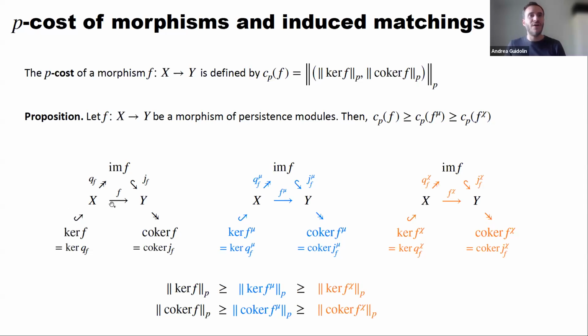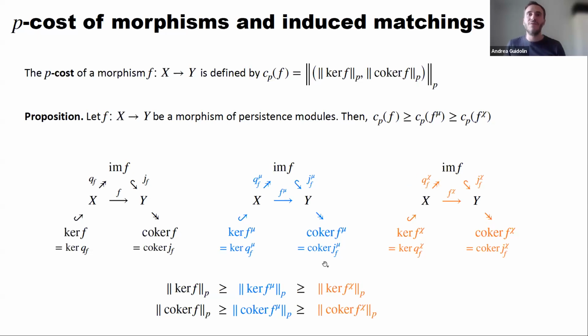The kernel of F is the same as the kernel of this epimorphism. The co-kernel is the same as the co-kernel of this inclusion. And now we replace the monomorphism and the epimorphism with the matchings, either our matching or Bauer and Lesnick's matching.